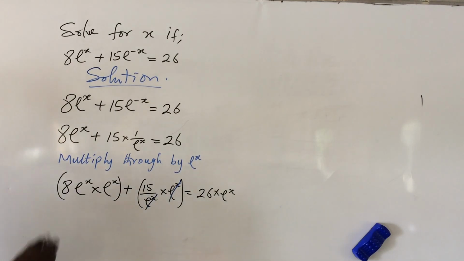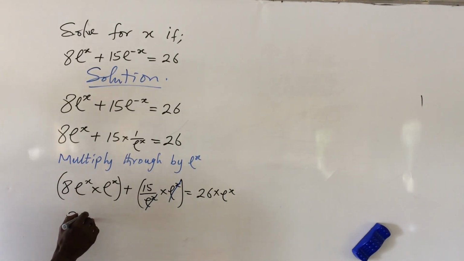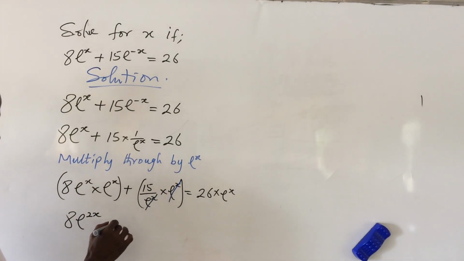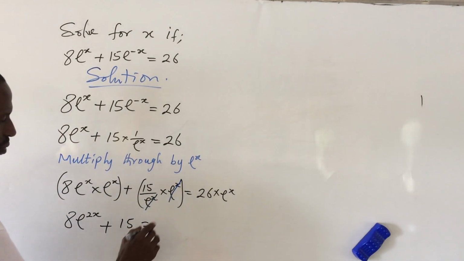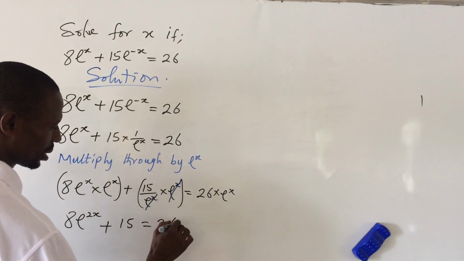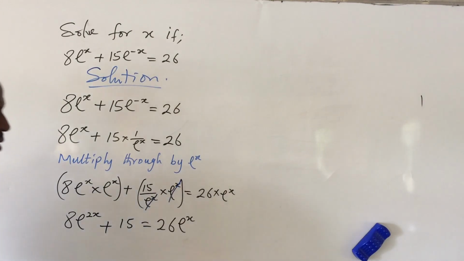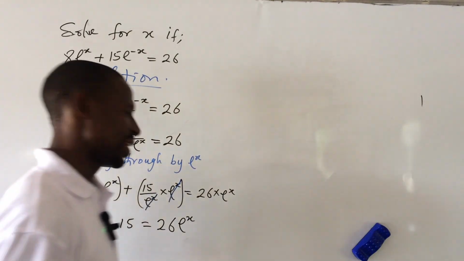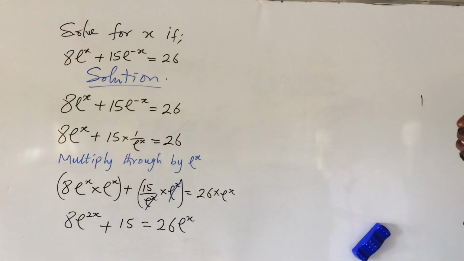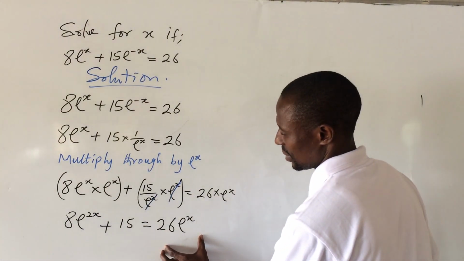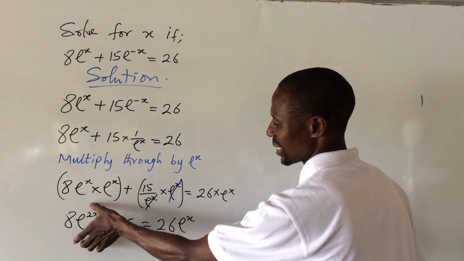So if we do that, this will now give us 8 exponential 2x plus, here we are left with just 15, then equal to 26 exponential x. Now we collect our like terms, send this to the left hand side.